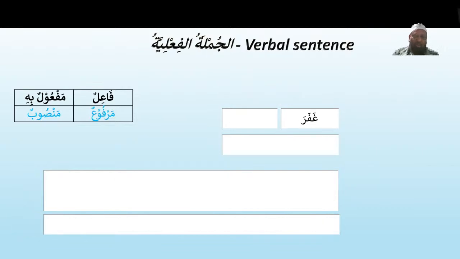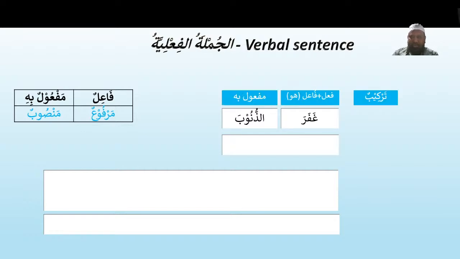Okay, next sentence غفر الذنوب. Over here we don't have any ism ظاهر as the fa'il, so the fa'il has to be ضمير مستتر. التركيب is easy. غفر فعل فاعل الذنوب مفعول به. Translation: he forgave the sins. He, we are translating the hidden damir, which is huwa.